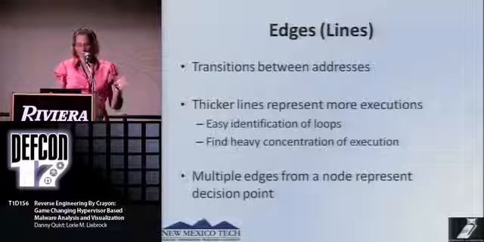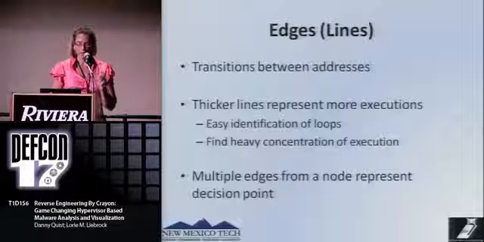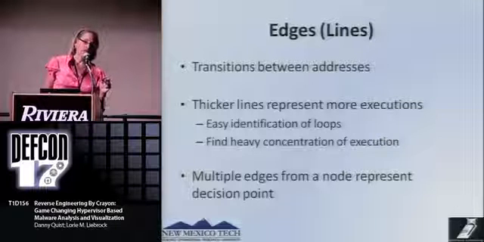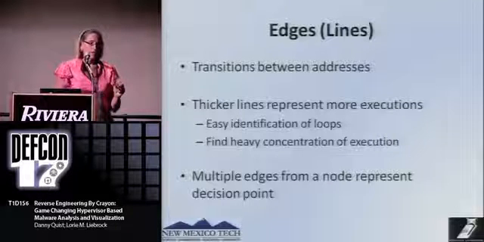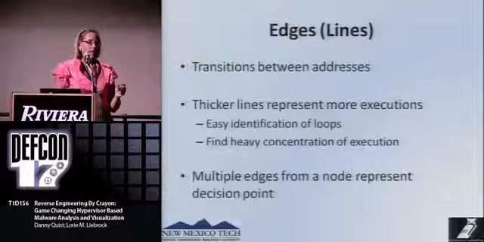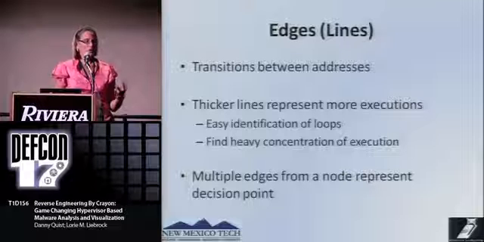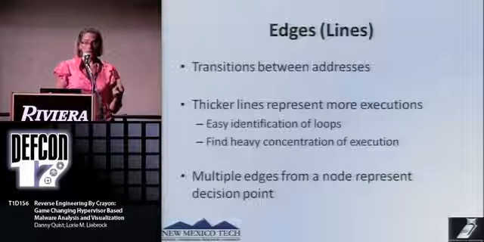So again, those transitions between addresses are going to give us more information about where we're spending time in the graph. But there's an assumption here that I just need to point out, and that is that during this single execution of the code, the thing you're looking for happened.